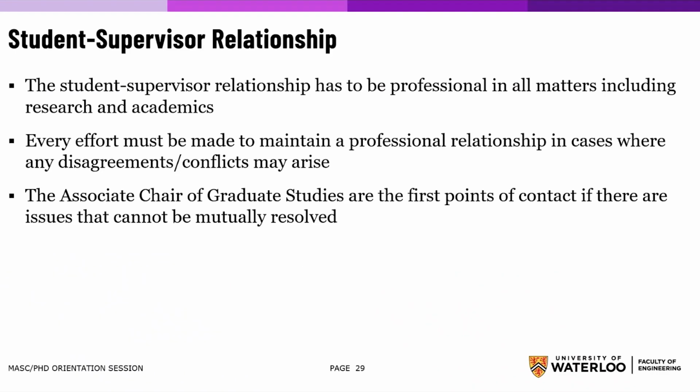So, academic relationships. The student-supervisor relationship obviously needs to be professional in all matters, including research and academics. Every effort should be made to maintain a professional relationship, even if you get into a disagreement or a conflict. You are here because you are very, very smart people.